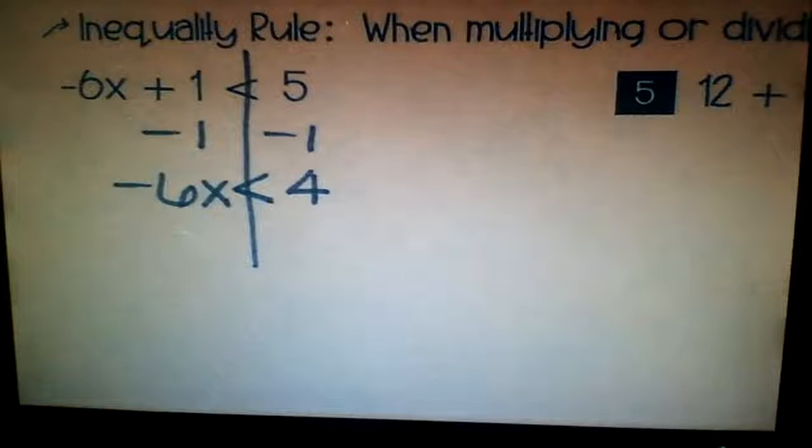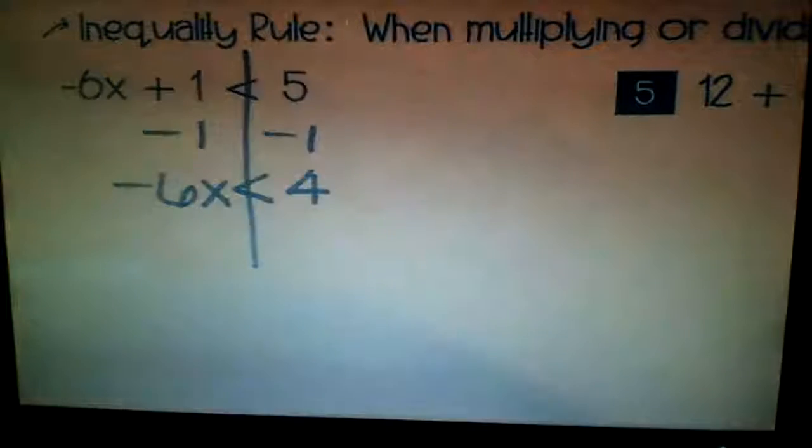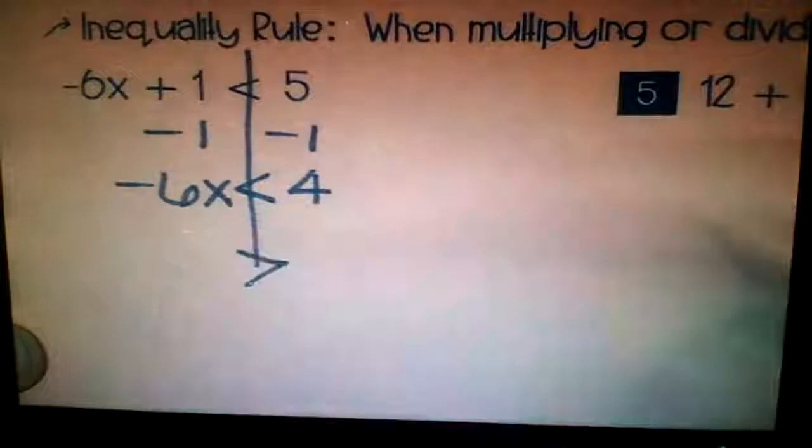Remember, it's less than because it's pointing to the left. Now what? Divide by negative 6. So what do I automatically have to do? We've got to divide by negative 6, but what happens when I divide by a negative? Flip your sign.